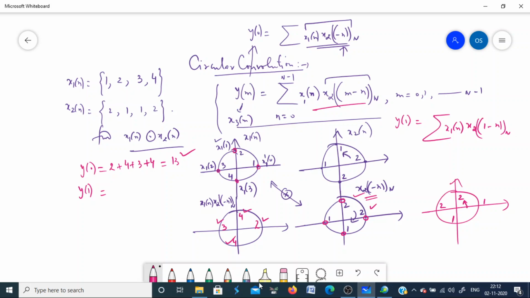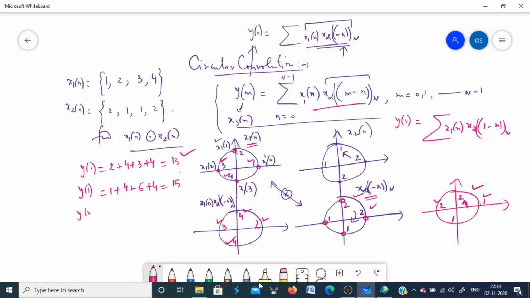This is shifted by 1 in the counterclockwise direction. If it is minus 1 minus n, it will be shifted in the reverse direction. Again, you have to multiply this sequence with x1(n), multiply and add. So if you multiply, you'll get 1 into 1, so 1, plus 2 into 2 gives 4, plus 3 into 2 is 6, plus 4 into 1 is 4.